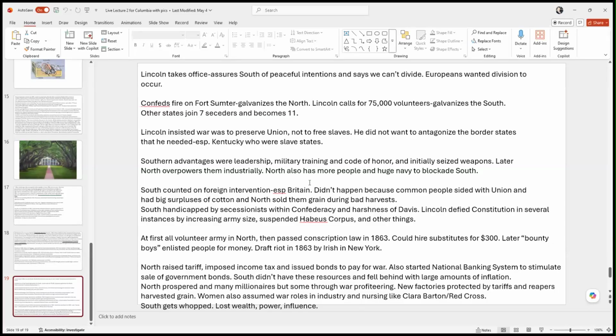And over time, in the Northern armies, new generals come to the forefront, good generals, General Grant, General Sherman, ruthless generals who will do what they need to do to win. And eventually, of course, the Southerners are defeated, and the war has ramifications beyond just the end of the war.